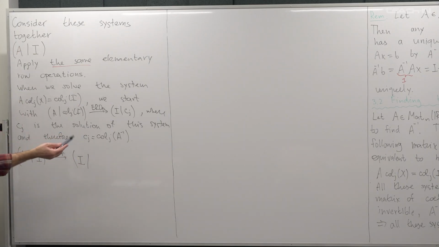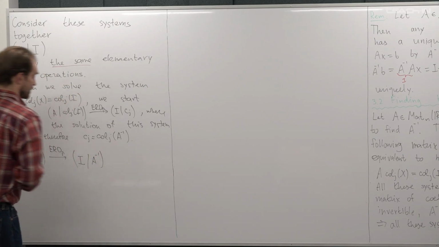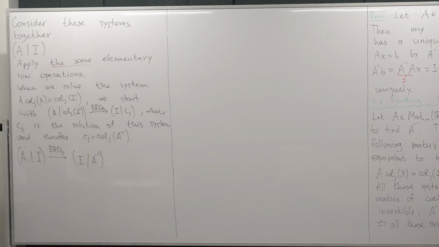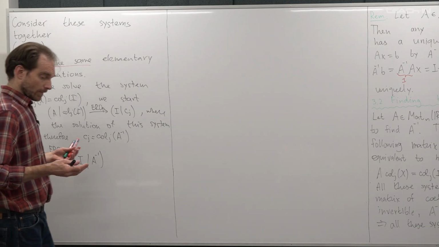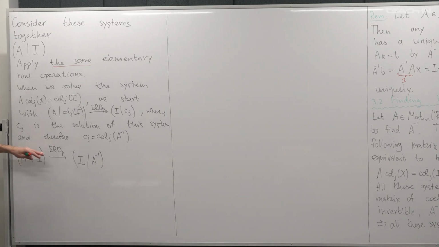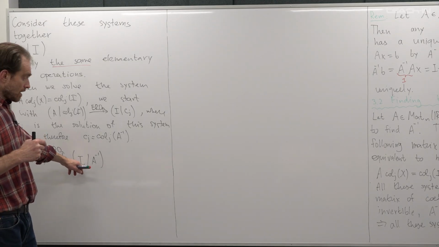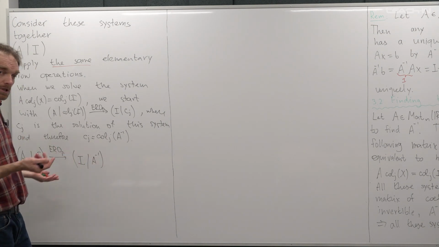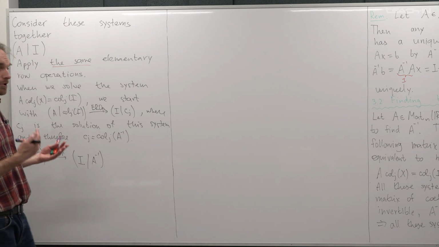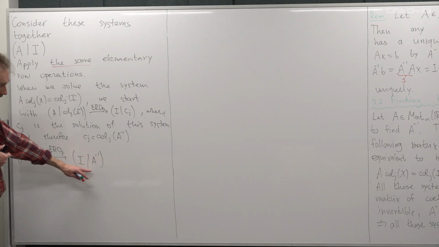So when we put all of them together, we just get the inverse matrix here. So this is the algorithm. We consider such a pair, and we apply elementary row operations to both matrices. And when we come to the identity matrix here, which always happens because we assume that our matrix is invertible and the solution is unique, we get the inverse matrix here.